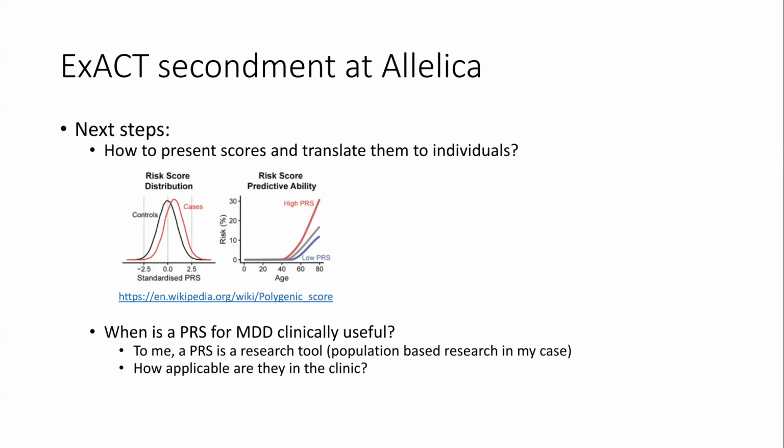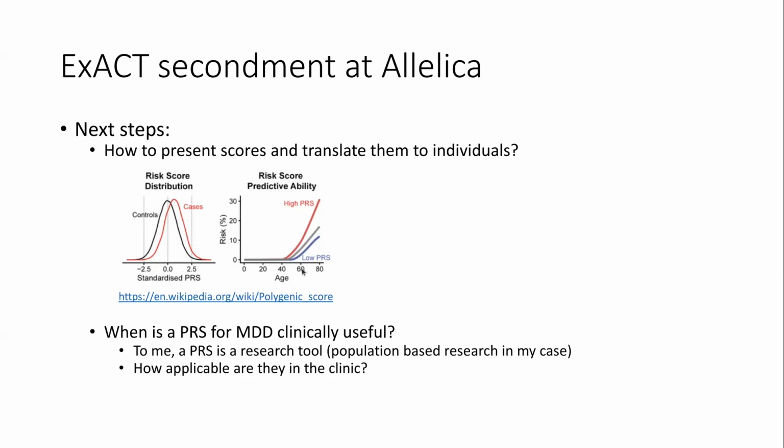So for me, the PRSs are a research tool for which I do population-based research. But of course, in the clinic, you want to help out a single patient. And for that, you actually need to know the absolute risk a person has with respect to the population. And then we come to figures like this, so distributions of PRSs, and then you want to locate the client or the patient that you have in front of you, if they have a low genetic risk or a high one.